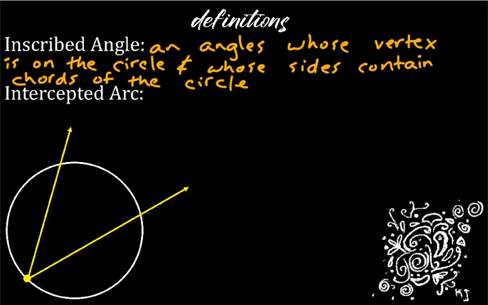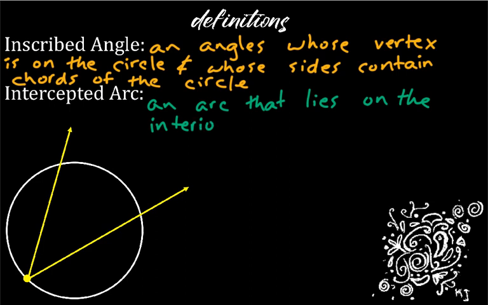All right. An intercepted arc is an arc that lies on the interior of an inscribed angle and has endpoints on the angle.